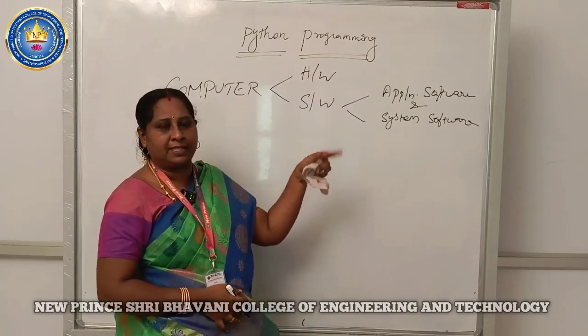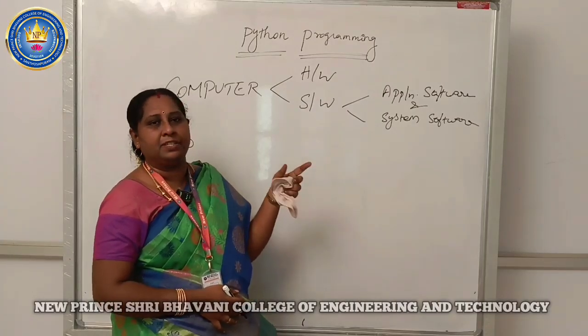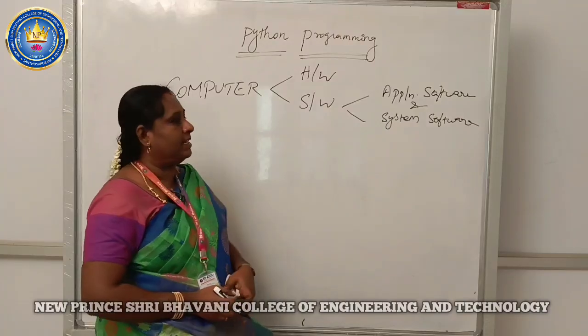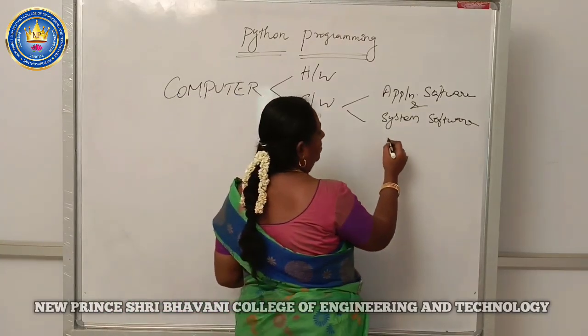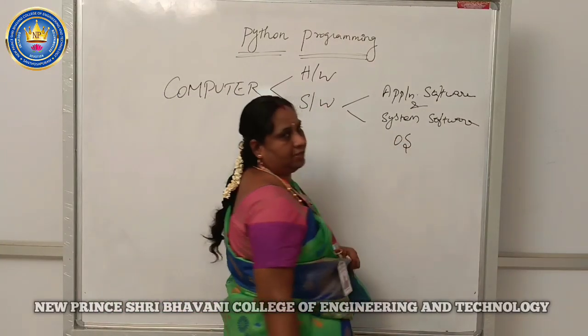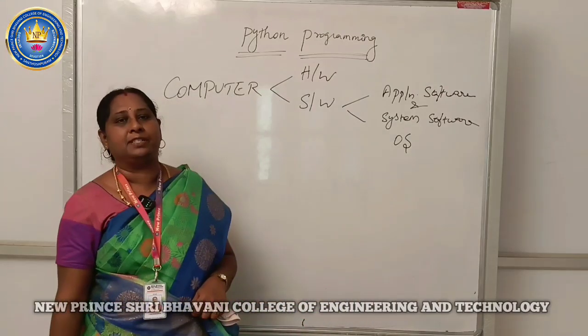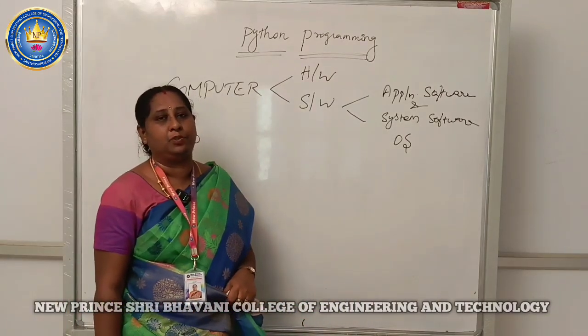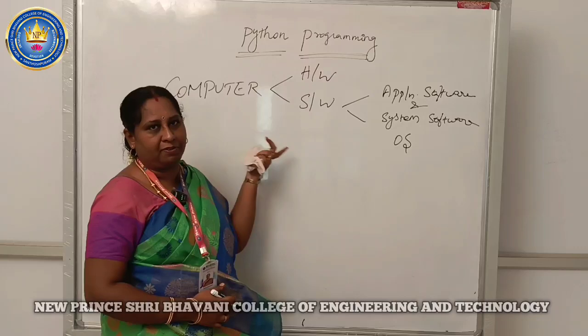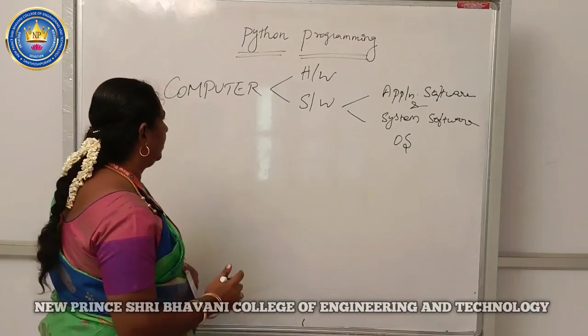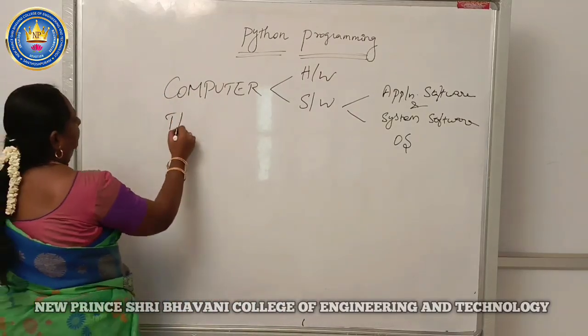And system software, as the name implies, is the software which is used for the system routines. The best example for system software is operating system. Operating system is a program which is mainly needed for the system to boot. So this is the basics of a computer.